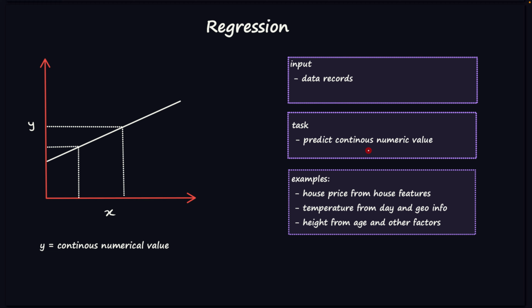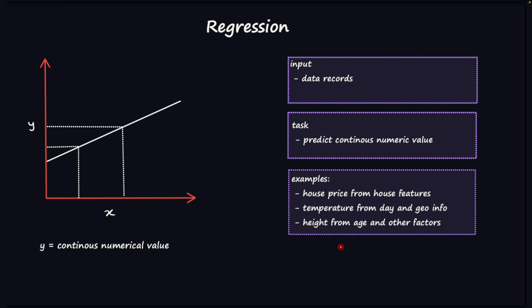With regression, using the input data, we are trying to predict a continuous numeric value that will represent anything like house price or temperature. We can predict the temperature from the day and geographical information, and it could also be things like height. We could predict the height from age and other factors of a student, like gender and things like that. So this is what we are doing with regression.